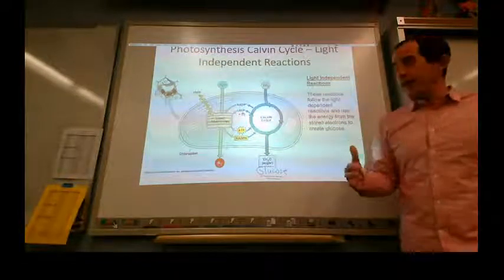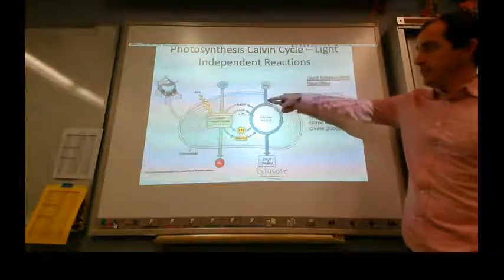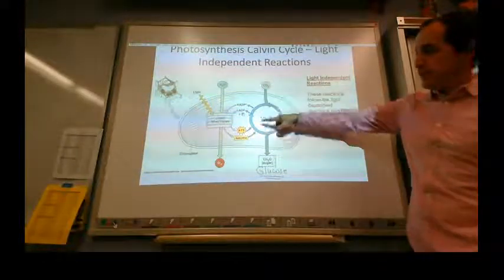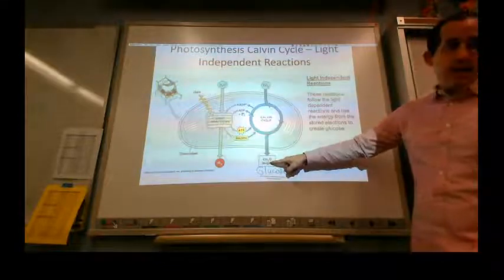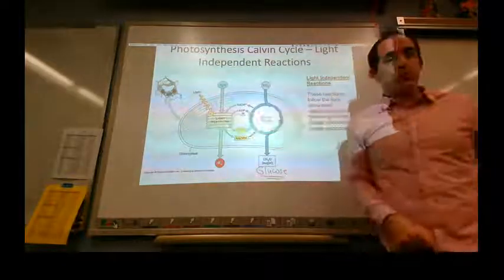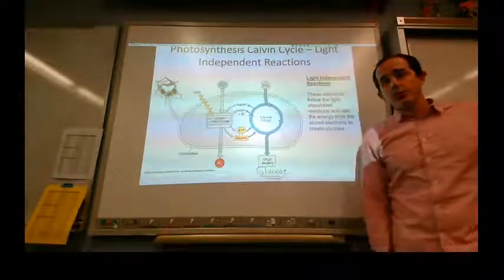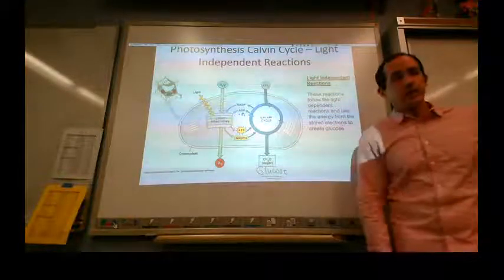So the whole point of the light-independent reactions, or the Calvin cycle, is to bring in carbon dioxide, bring in ATP, bring in NADPH to create glucose, and then recycle these materials back into the light-dependent reactions so that they can be remade and we can have more Calvin cycle.